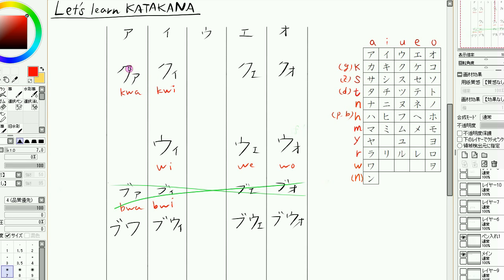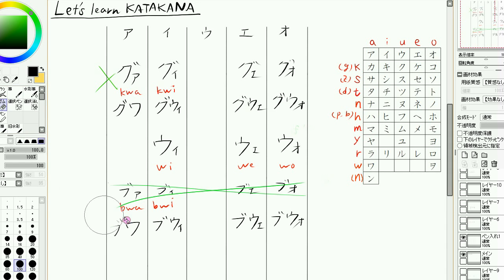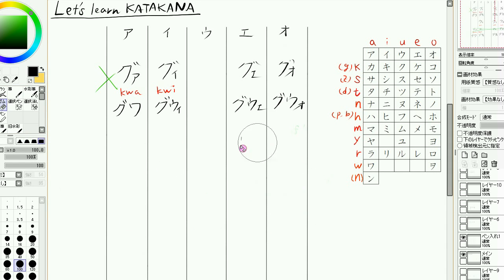But it's still rare because in that case, we still use two characters to imitate, like ku and a small a, and you go kui, and you can just go kue and kuo. So we don't use these sounds. Oh, and of course, with the voice sound marker too, that will be gua, gui, gue, but it's very rare because we can just go gu and a small a, and that's enough. All right, now we're almost there, but still a little bit more.